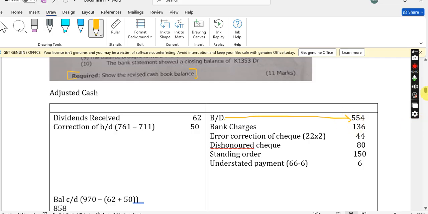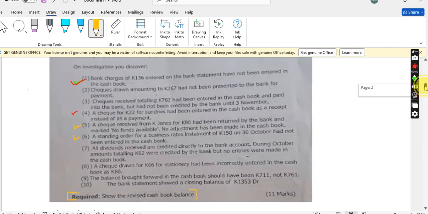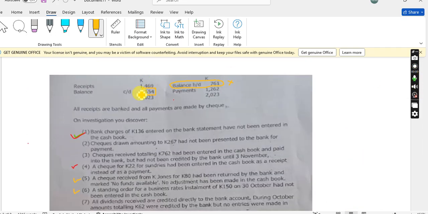We bring it into our cash book on the credit side. Why am I bringing it on the credit side? As you can see in the question, the balance carried down is on the debit side, so the balance brought down should be on the credit side. Always remember this, colleagues.